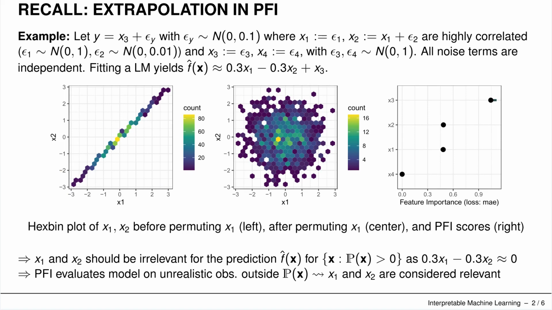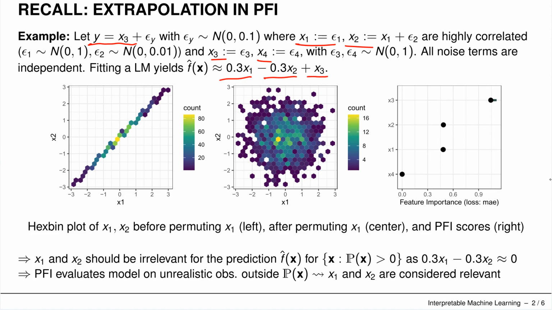So let's talk again about that extrapolation issue. So remember from the permutation feature importance lecture that we had this data set where the target was only dependent on x3, and x1 and x2 were highly correlated, and x3 and x4 were just noise terms with all noise terms independent, and a linear model fitted with these two effects canceling each other out, and an effect of x3.